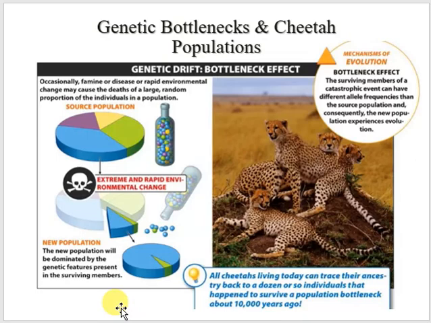That can happen in some instances, but for cheetahs it has not. Right. So since these bottleneck events, there hasn't been enough time, as far as the evolutionary time period for cheetahs, for random mutations to accumulate within these populations and produce new genetic variation.